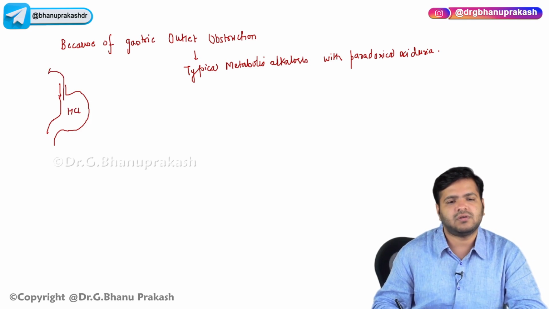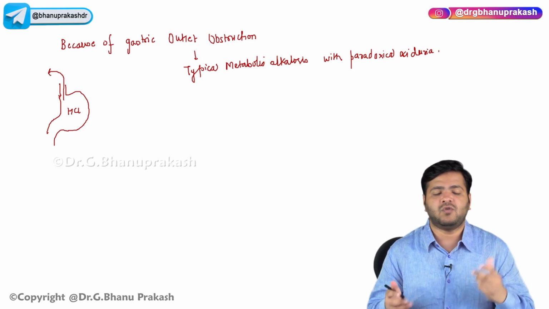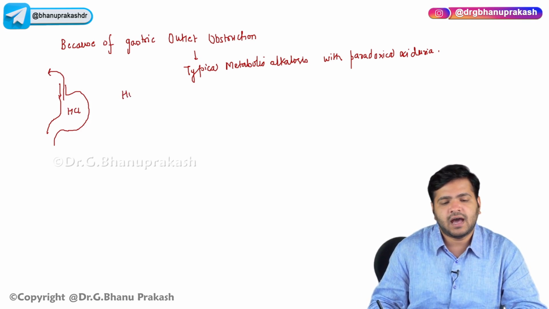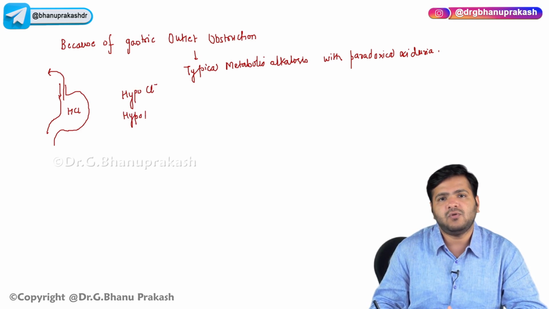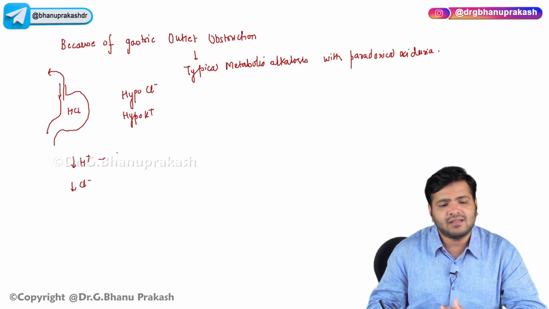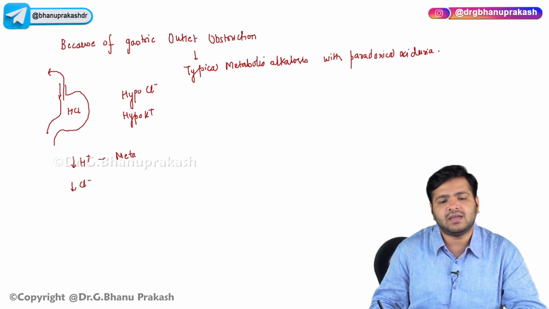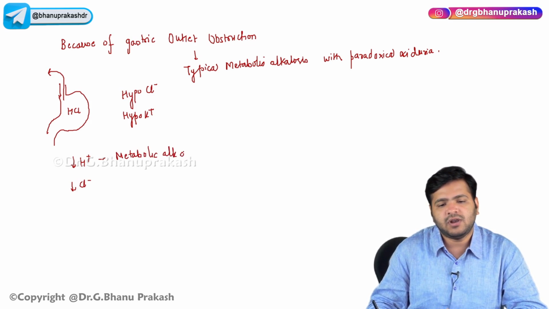HCl is coming out. So there is vomiting. What will happen now? There will be hypo. बॉडी के अंदर तो क्लोरीन कम हो जाएगा, hypochloremia, and there will be hypokalemia. You already know there will be decrease in H plus and decrease in chlorine minus, right? So decrease in H plus itself indicates that there is metabolic alkalosis, right? Metabolic alkalosis has occurred.